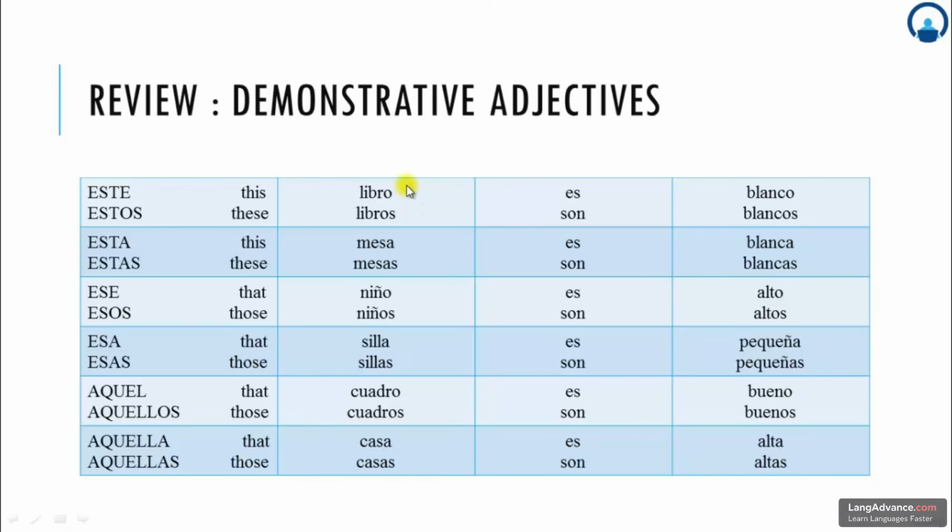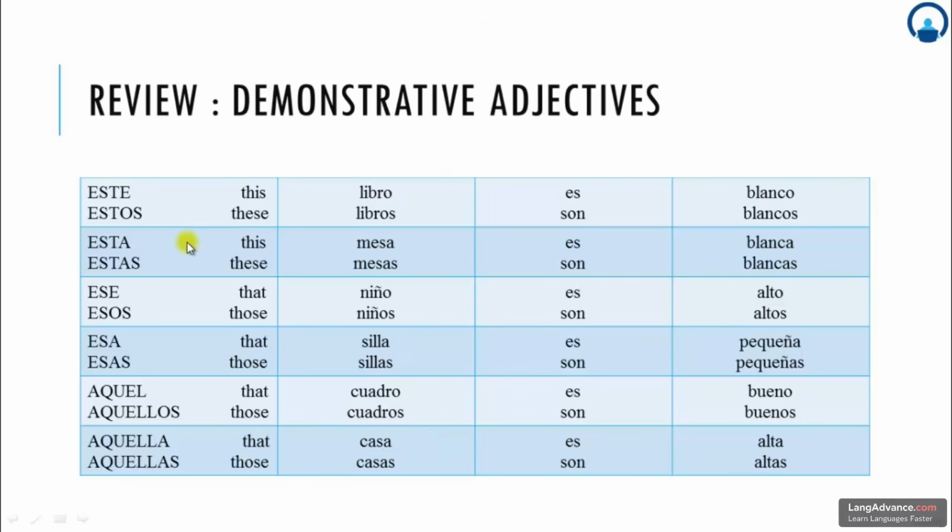Also remember the rule of singular and plural. The nouns in Spanish also change the spelling according to the gender, as well as from singular to plural or plural to singular. So this is where we can see that we have added an S for plural.